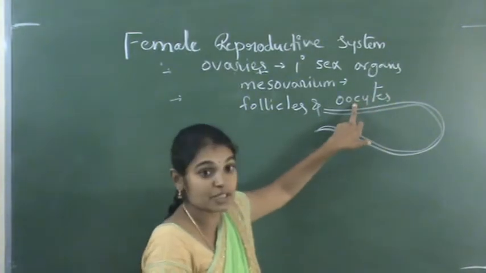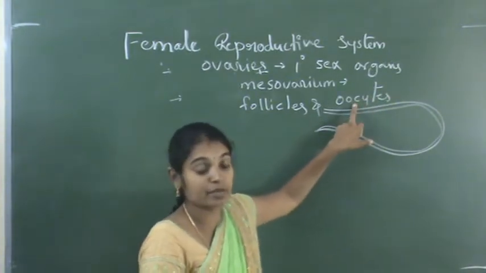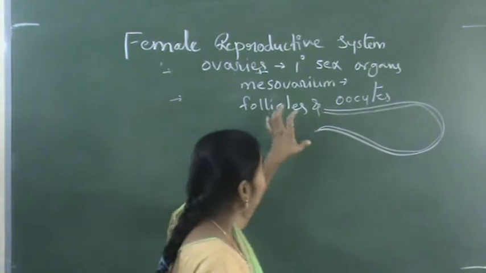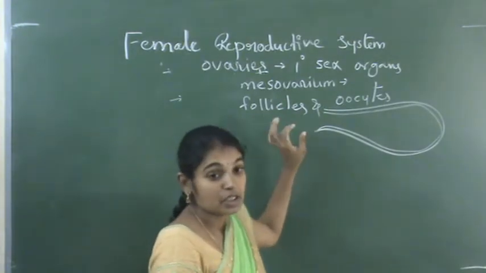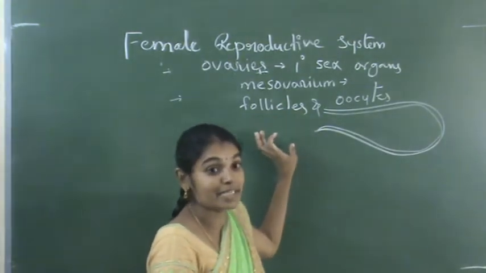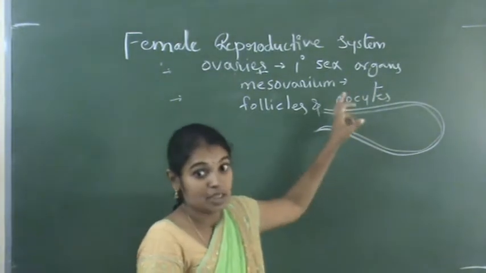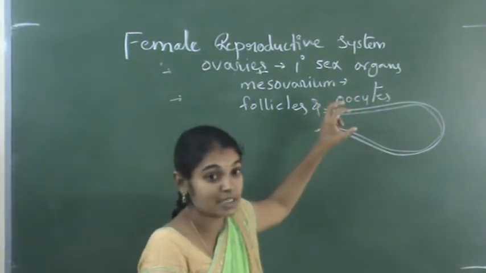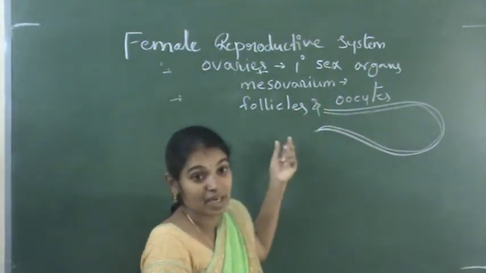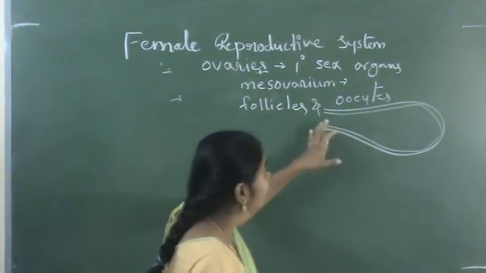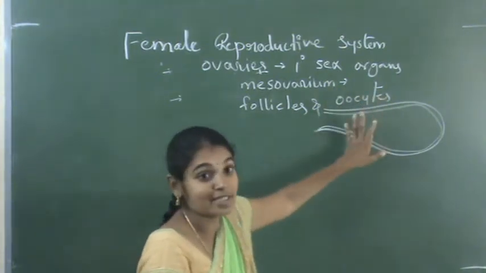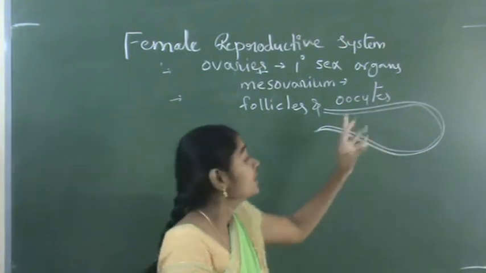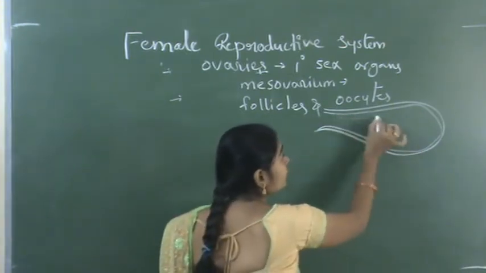Oocytes like the primary oocyte and secondary oocyte are present, as well as the follicles. The follicles are present around the developing oocytes, at different stages, inside the ovary.